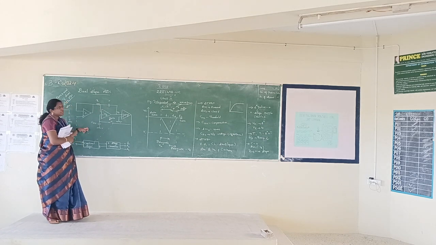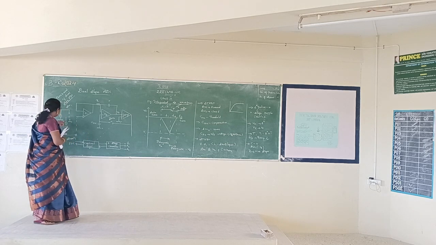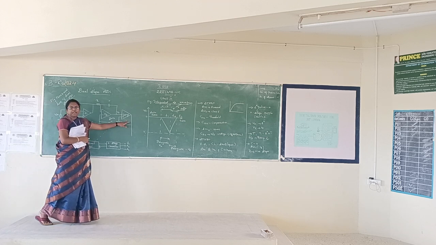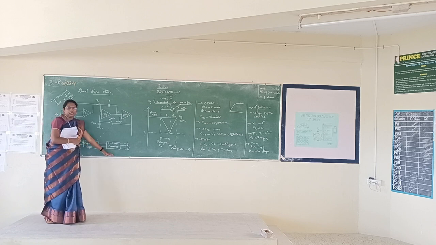This dual slope ADC is an indirect method of AD conversion, where the analog signal VA and the reference voltage VR are integrated and then counted using the counter.